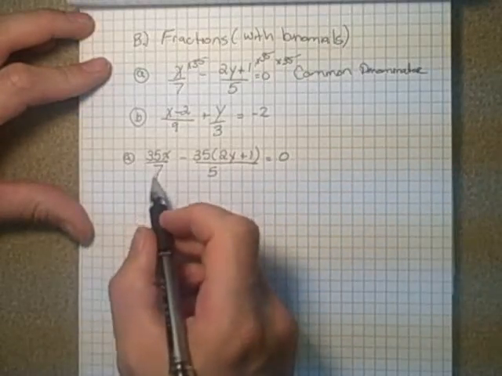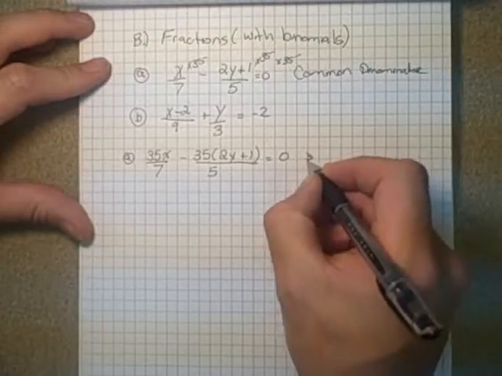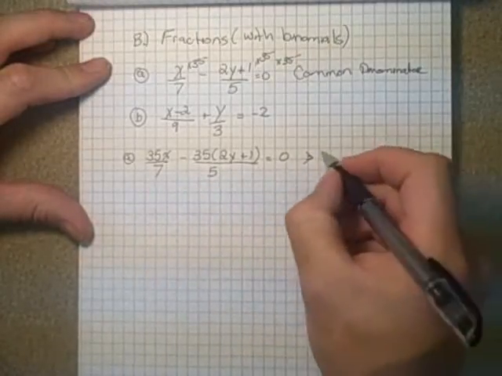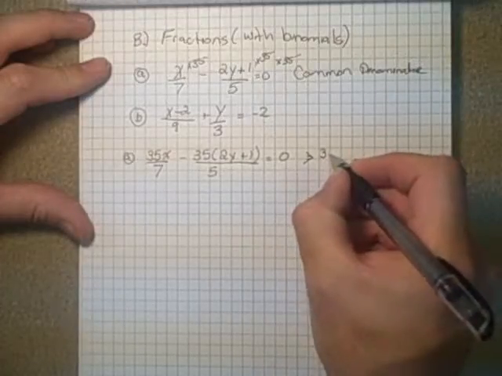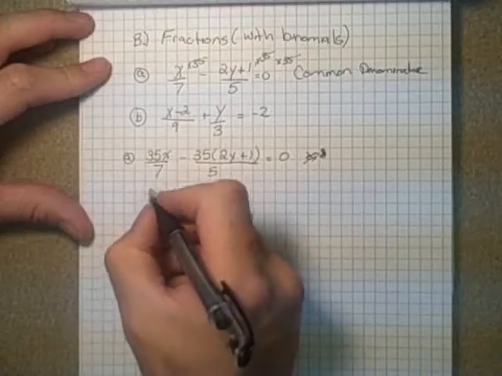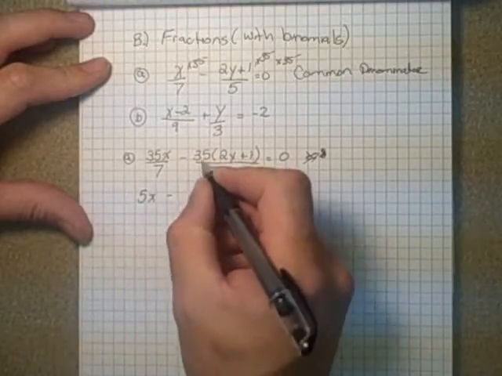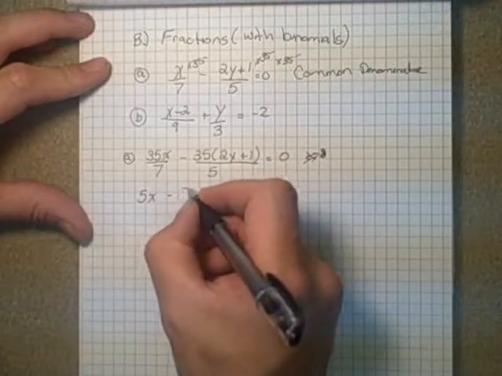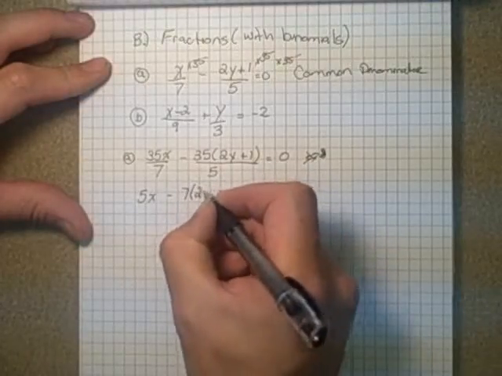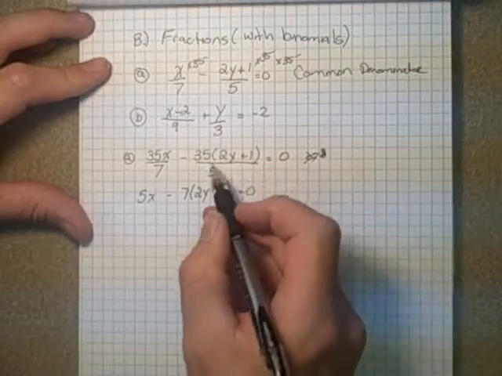So we can reduce along. Let's do that right away. 35 over 7 is actually 5x. Minus, 35 divided by 5 is 7, so we can put a 7 in front there, and still keep our brackets there.